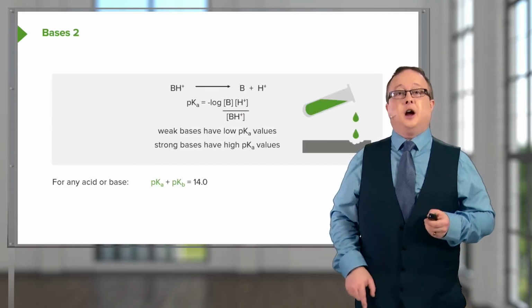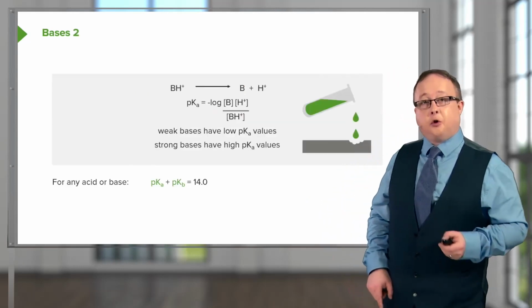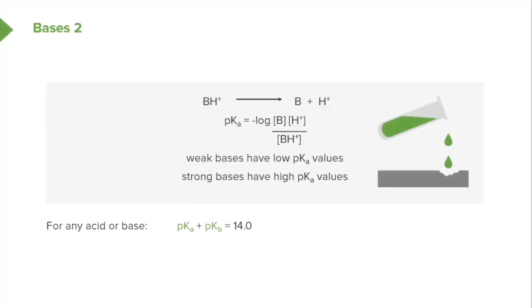So this equation here, as you can see on the board, shows BH+, our conjugate acid, dissociating to give us our free base and our H+, and this correlates to a dissociation or acidity constant pKa. The equation for this is shown on the board. Weak bases therefore have very low pKa values, and strong bases have very high pKa values.